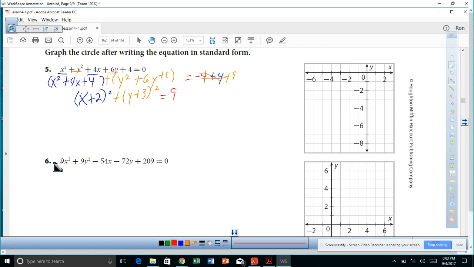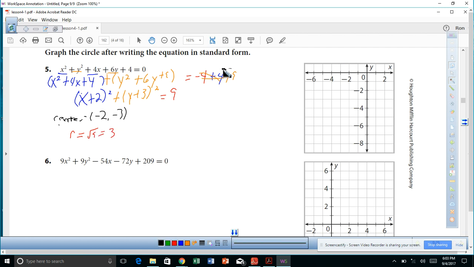Good deal. So the center, let's do this in black so we don't get confused here, is at -2, -3. All right, and the radius is the square root of 9, which is 3.